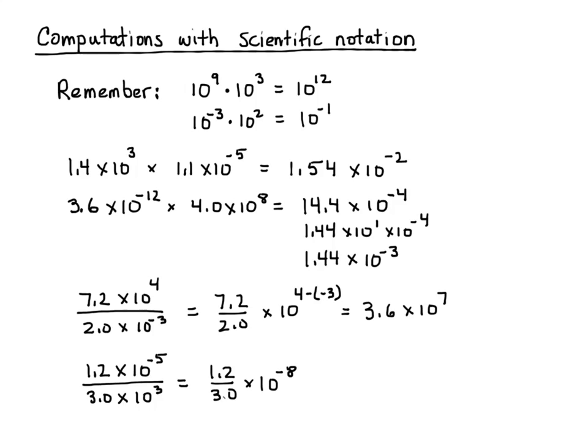And then when we take 1.2 divided by 3, we're going to find that that's 0.4 times 10 to the -8th. Now here we have to make an adjustment as well. Since we're moving the decimal to the right, we have to subtract. So just remember that 0.4 is really written like 4 times 10 to the -1. So we have -1 minus 8, and we get our -9.